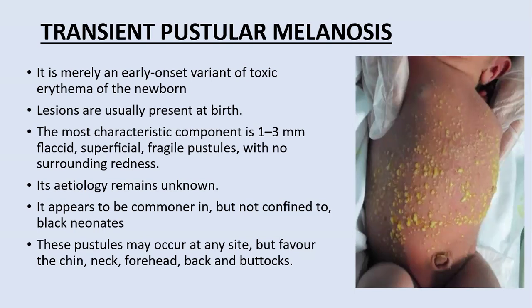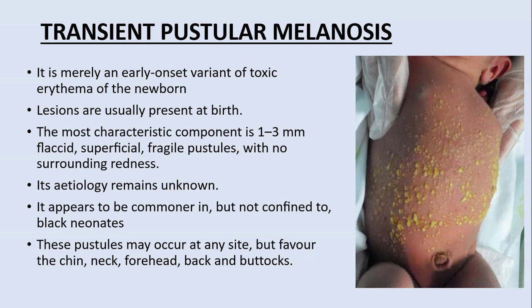Lesions are usually present at birth. The most characteristic component is 1 to 3 millimeter flaccid, superficial, fragile pustules with no surrounding redness. Since the occurrence is at the time of birth, this differentiates this condition from toxic erythema.